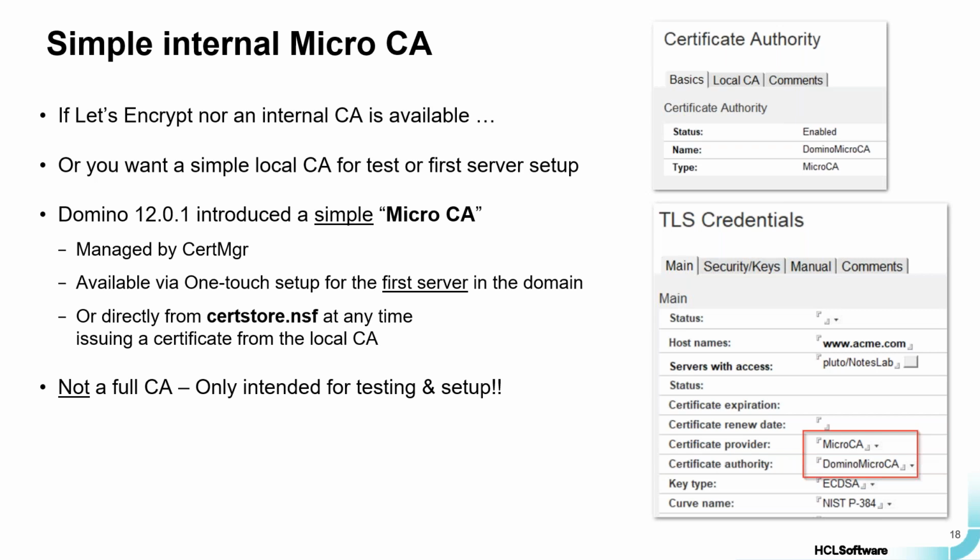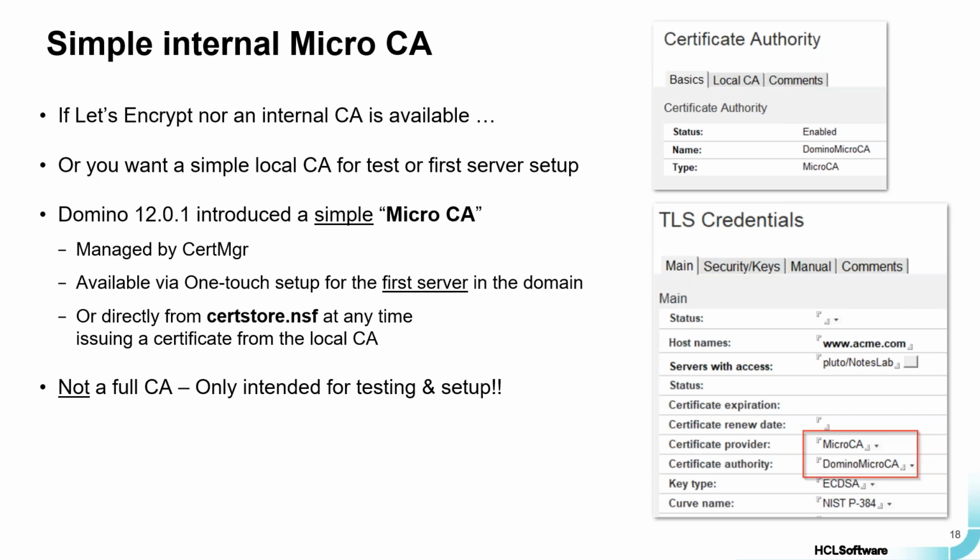In 12.0.1, it has been added as a real micro CA, and in 12.0.2, it has been enhanced. So the micro CA is a way for getting a simple certificate from a simple CA with the basic settings, and it's mainly intended for testing or for getting your server set up.